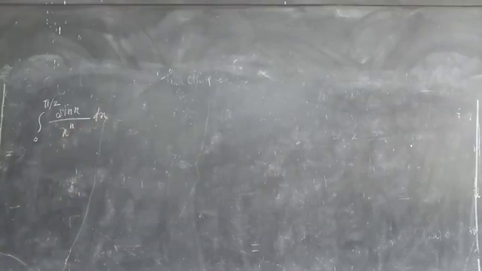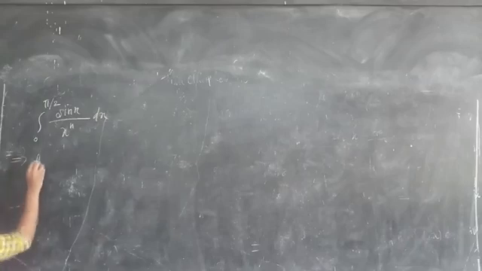Correct? Again, 0 to pi by 2 means this is the finite limit we have. So we'll write down f of x.